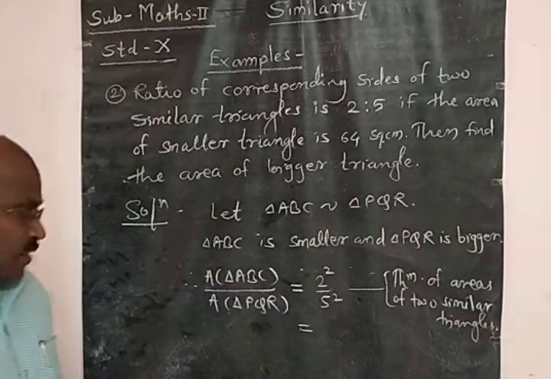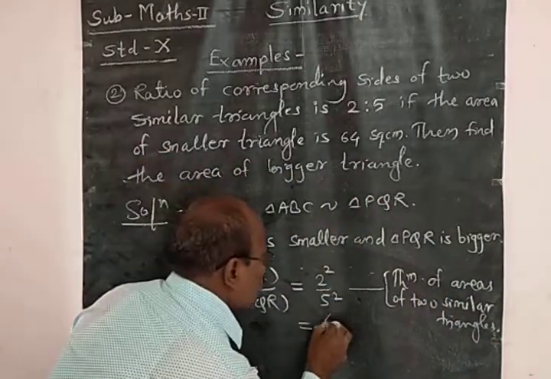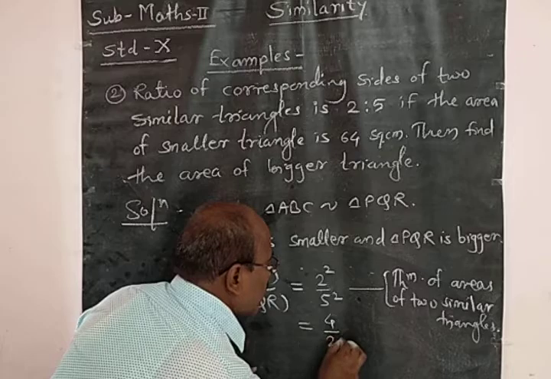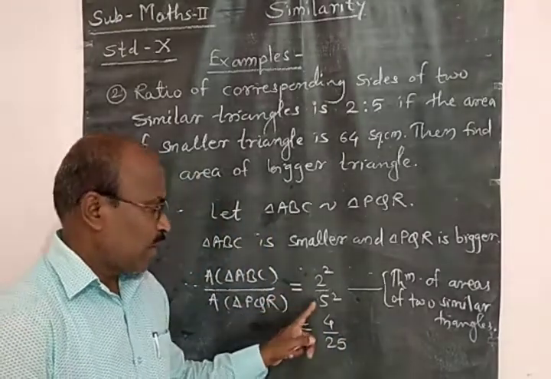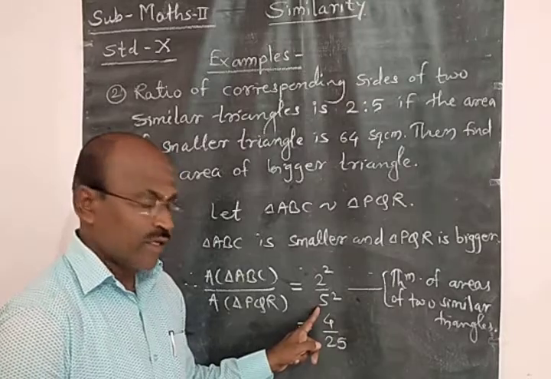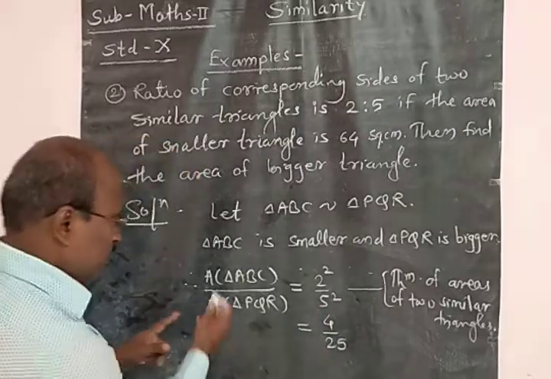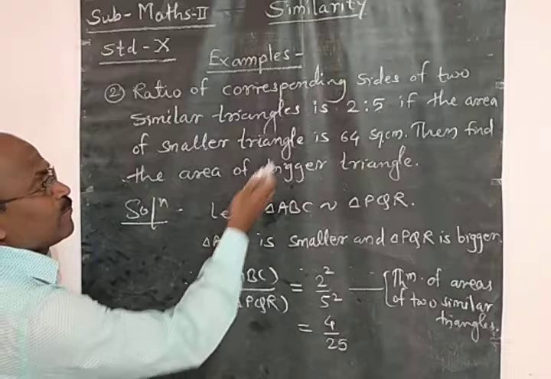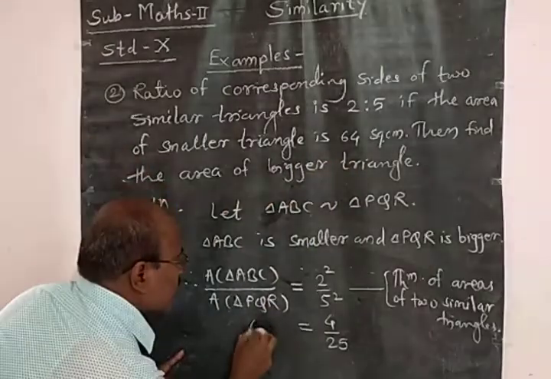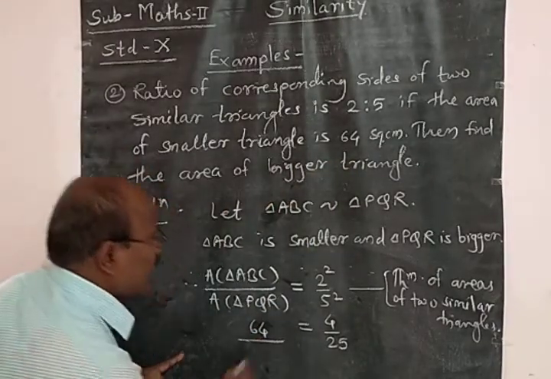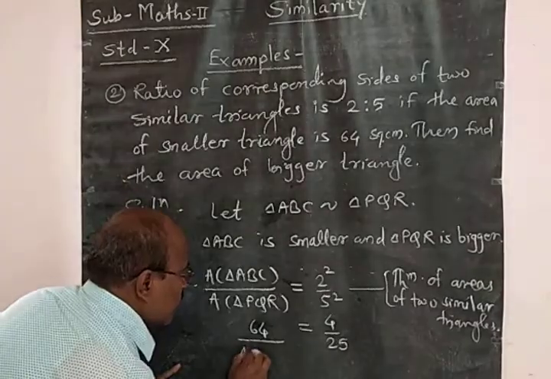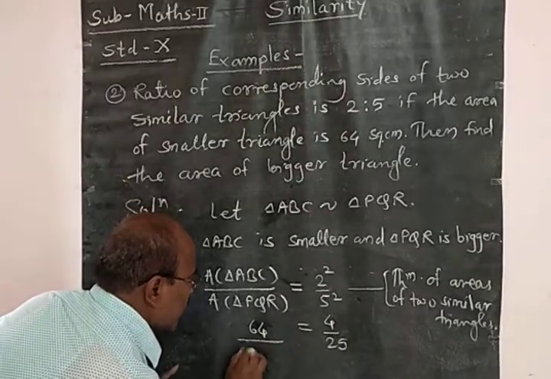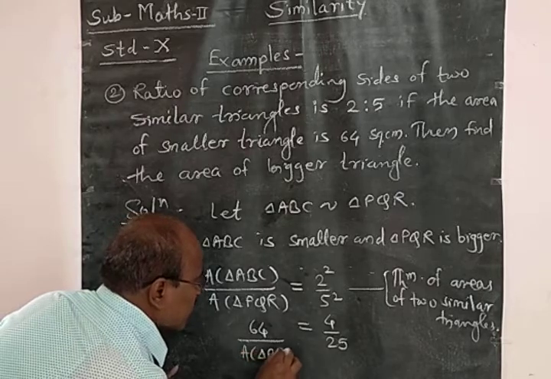Then 4 upon 25: 2 squared is 4 and 5 squared is 25, and area of triangle ABC is given 64. So here 64 divided by area of triangle PQR is to be found. So area of triangle PQR as it is.